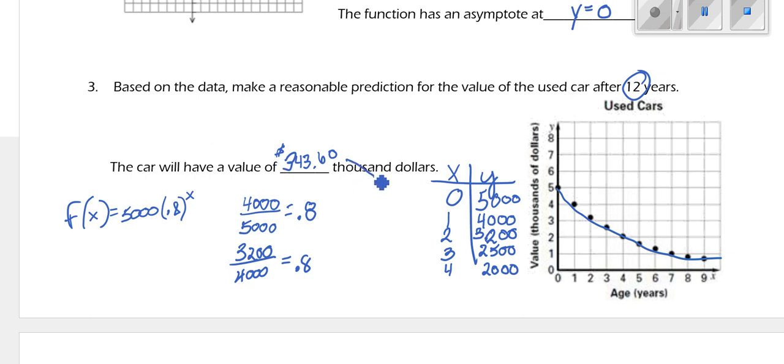Really, that's probably not appropriate there. It's $343.60 because it's decaying. So if I want that in thousands, I could divide. That would be $0.34 thousand. So that is acceptable as well.